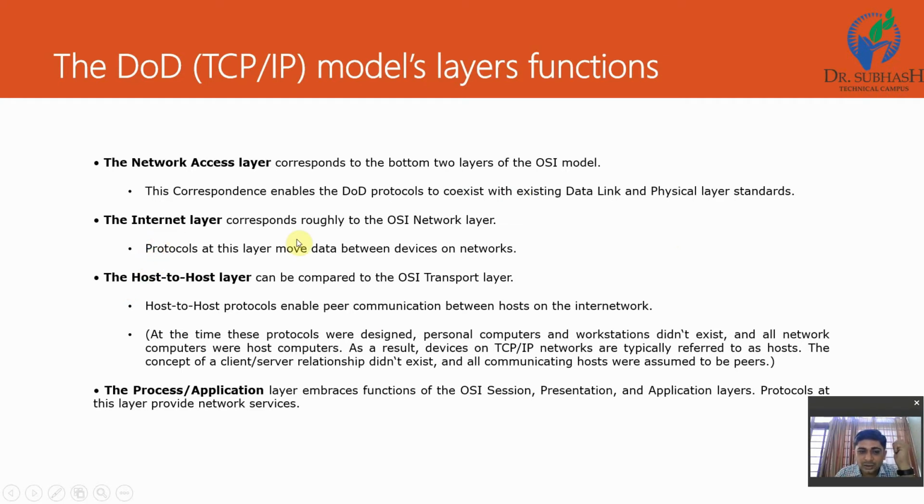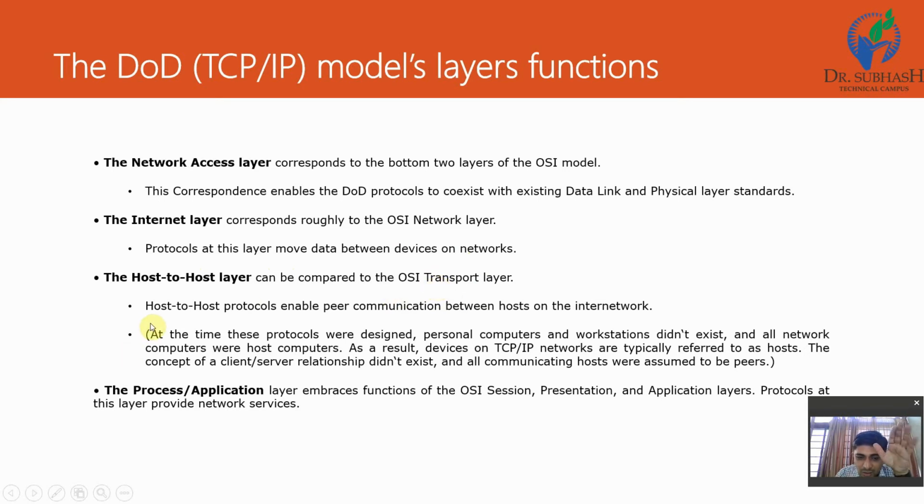The internet layer corresponds to the OSI network layer, and protocols at this layer move data between devices on the network. We can transmit our data from one source to another. The host to host layer, as we compare with the OSI layer, is the transport layer.